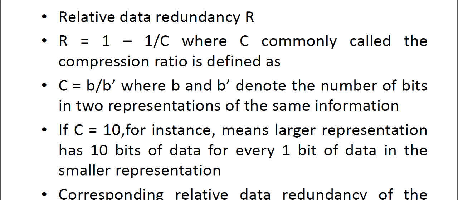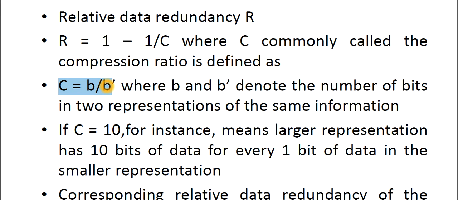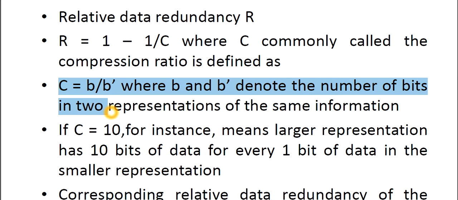Now, relative data redundancy, say capital R, then R is equal to 1 minus 1 by C, where C is commonly called the compression ratio. Do remember that C is our compression ratio, and it is defined as C is equal to B by B dash, where B and B dash denote the number of bits in two representations of the same information. So that is our compression ratio.